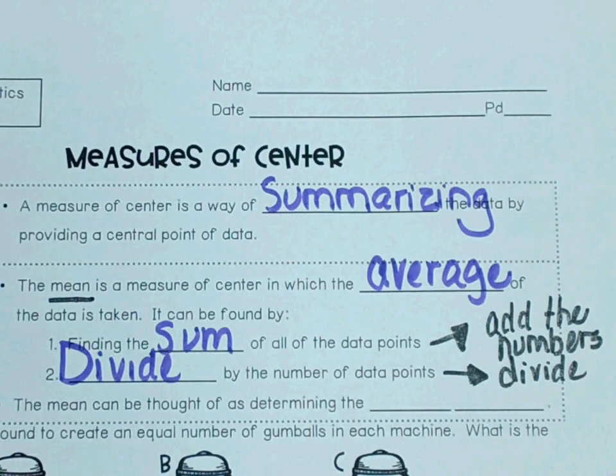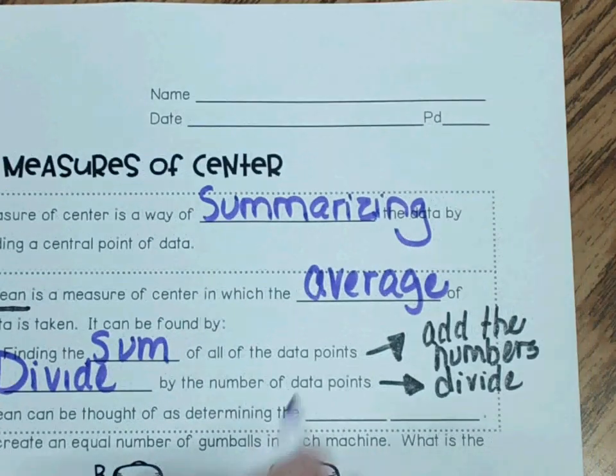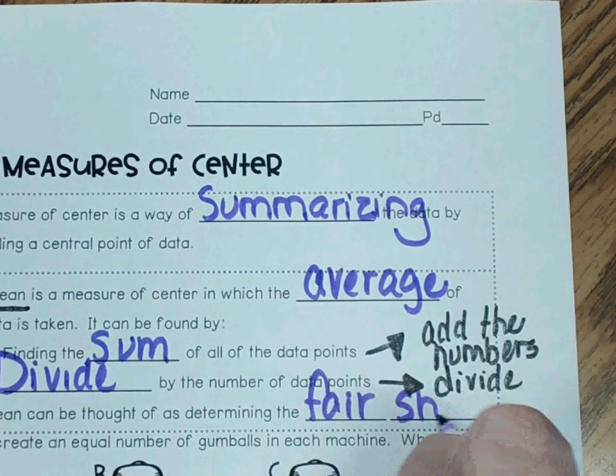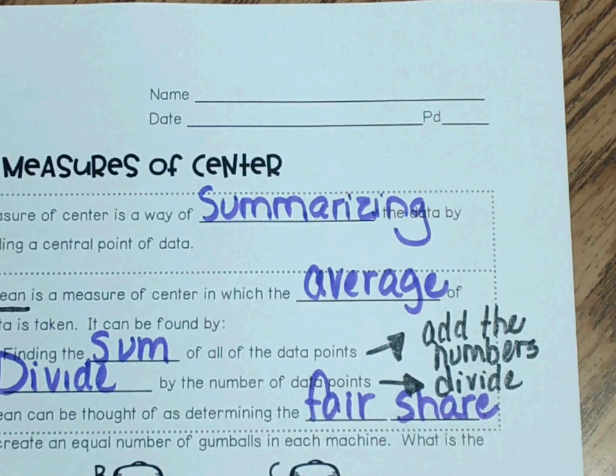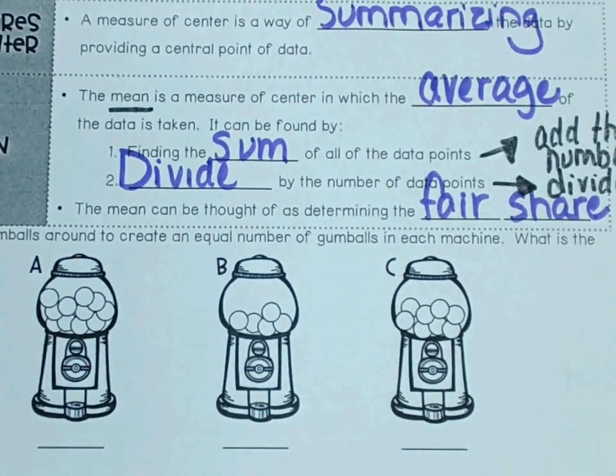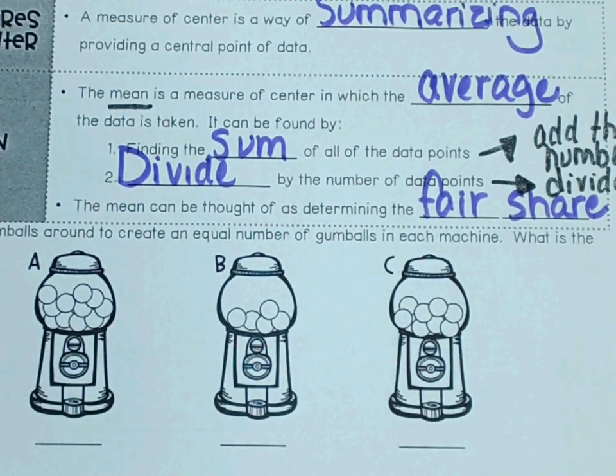The mean can also be thought of as determining the fair share. So if we look at it visually with the gumballs here, we see that each one of these gumball machines has a different number of gumballs.